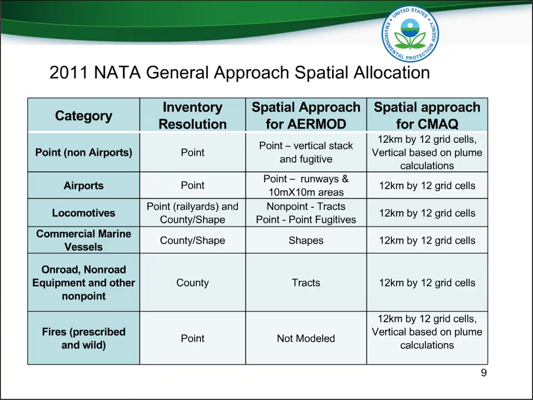So here we have shapes for port and underway. For CMAQ, we're allocating to our 12 by 12 kilometer grid cells, and we're also allocating vertically for those sources that are not just in layer 1, that have plume rise, such as the point sources and the fires.